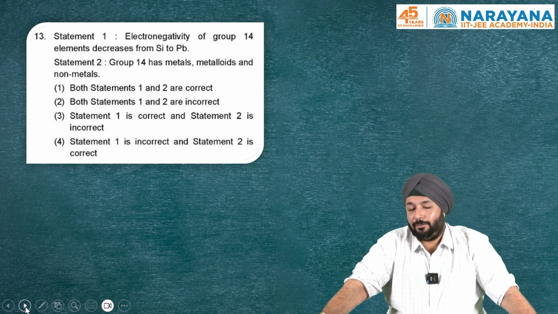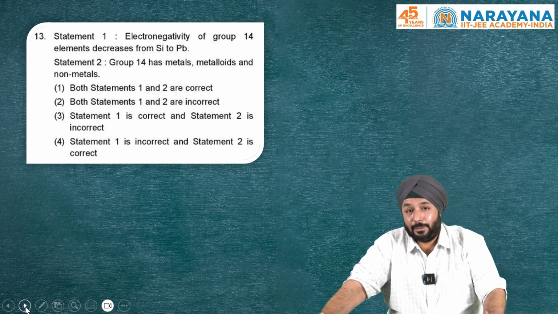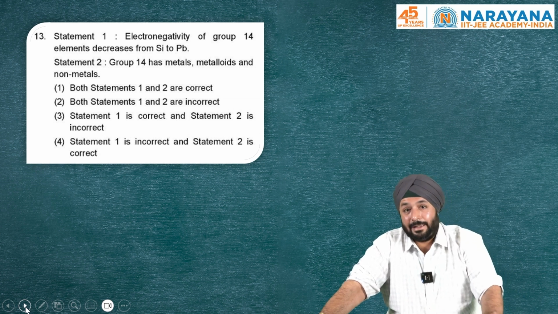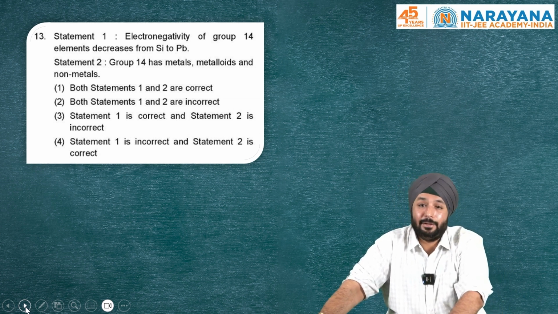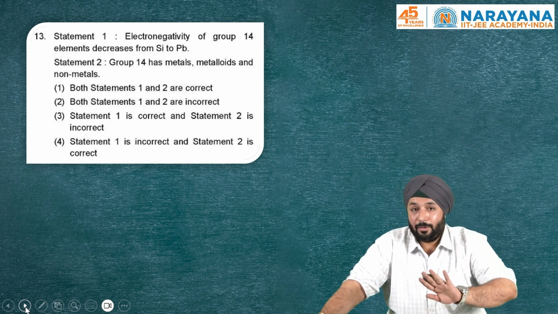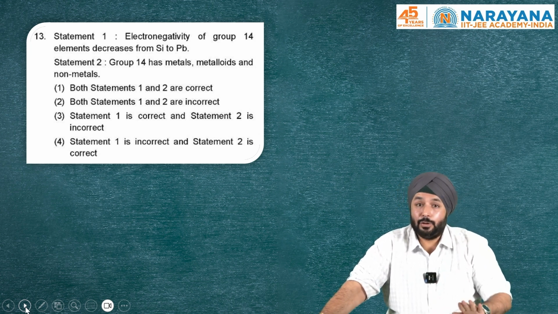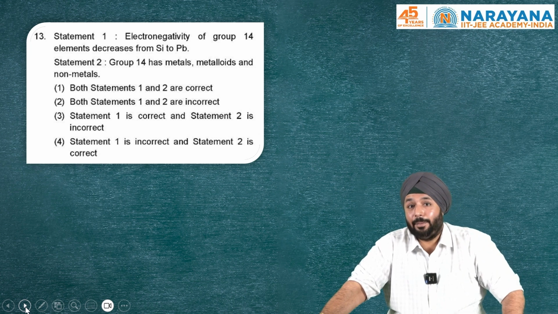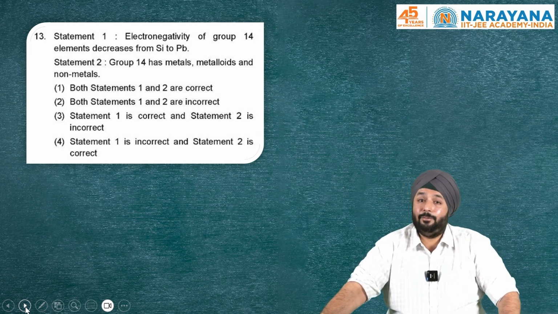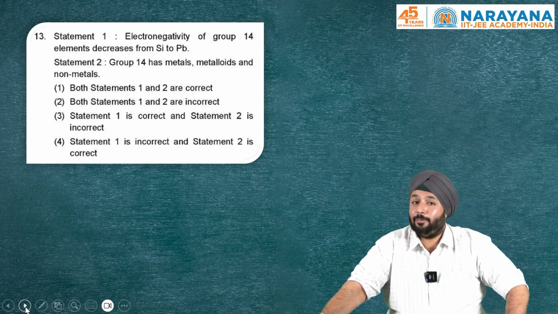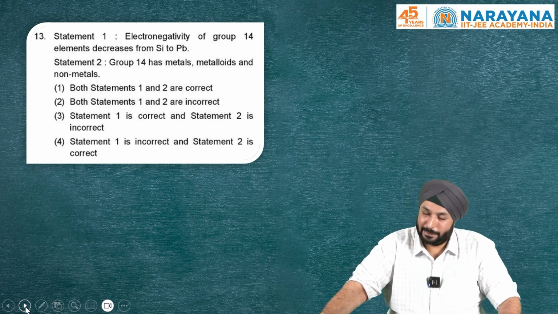We have spent a lot of time making the student understand how these trends are observed inside a particular group. So you also should know all the physical and chemical property trends in the respective groups, and it came directly from NCERT, a memory based question, right?